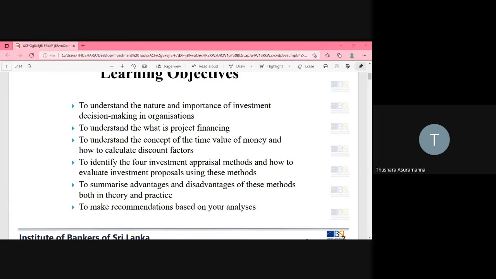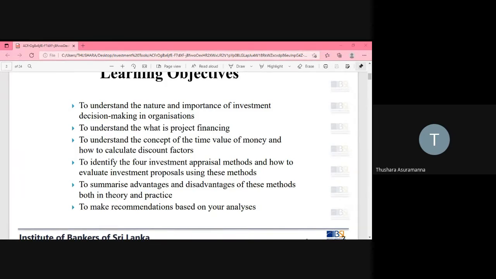So there are two things that we need to understand: investment decision and financing decision, right? A very close family example: let's say you want to purchase a vehicle. First you need to think about whether I am going to buy a vehicle or not. Whether I need a vehicle or not is your investment decision.